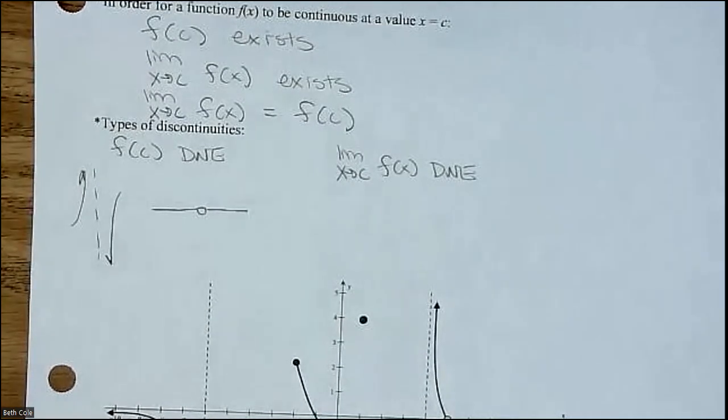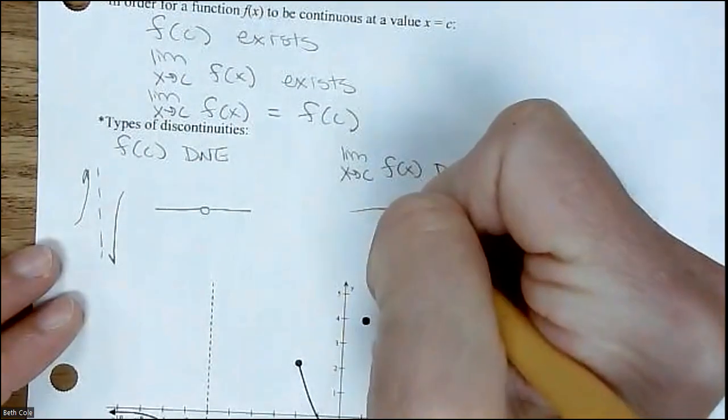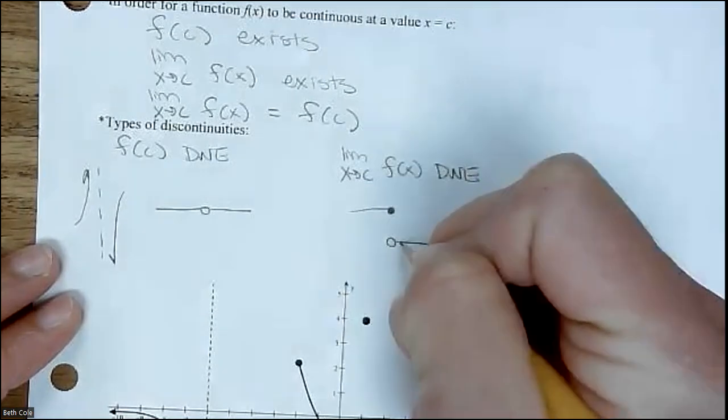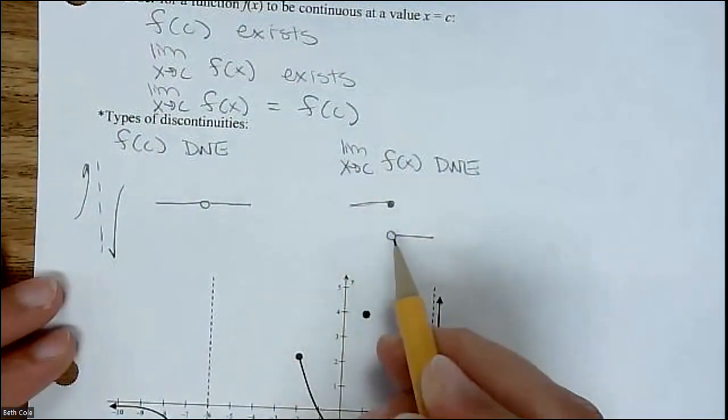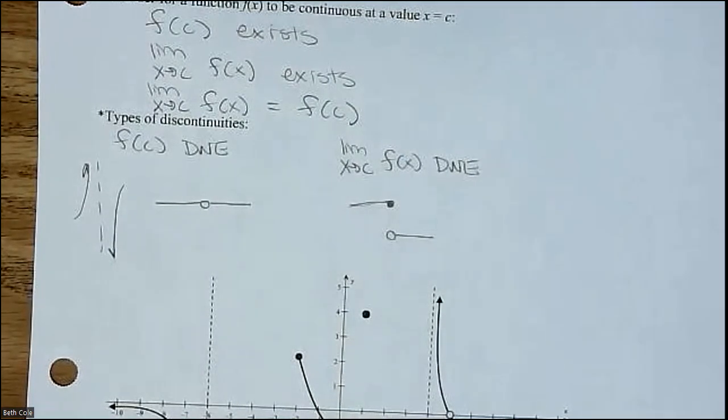It's a type of discontinuity we've talked a bunch about. A jump discontinuity, good. So the 2 sides don't go to the same place. So if you were to zoom in, this side goes up here and this side goes down here. Is that removable or non-removable? Non-removable, good. You can't fix it just by putting a point back in there.